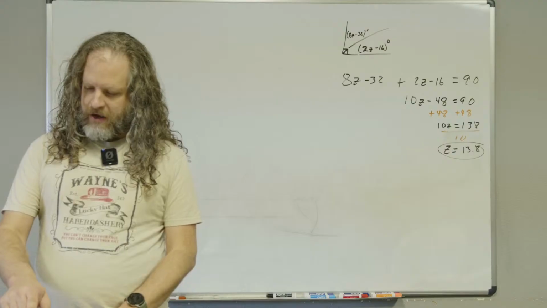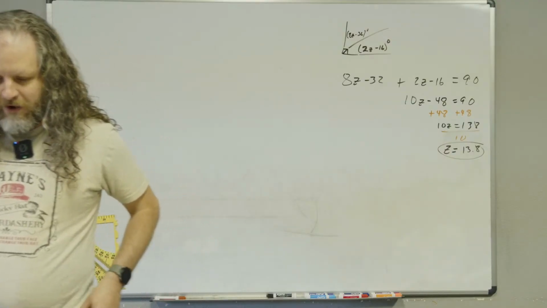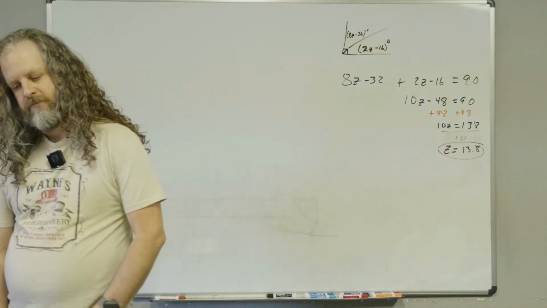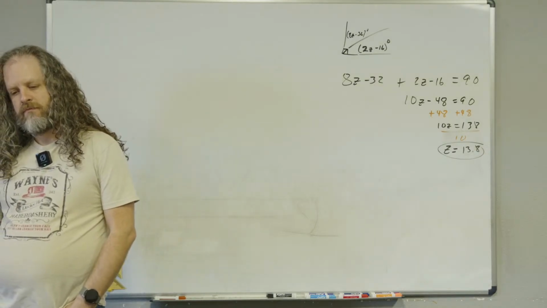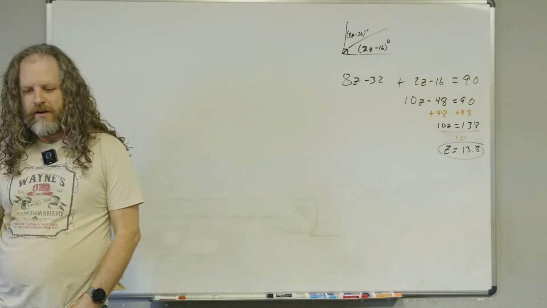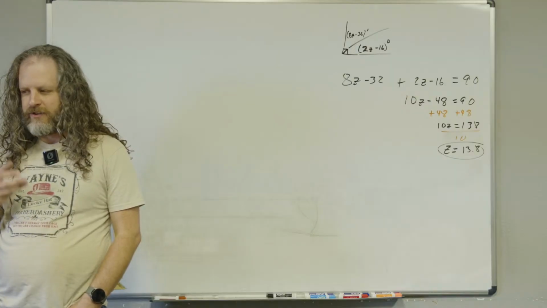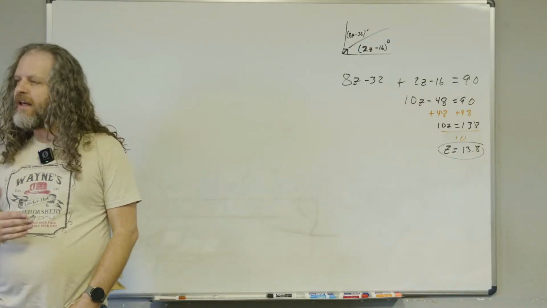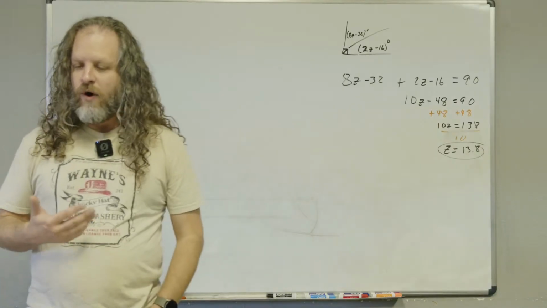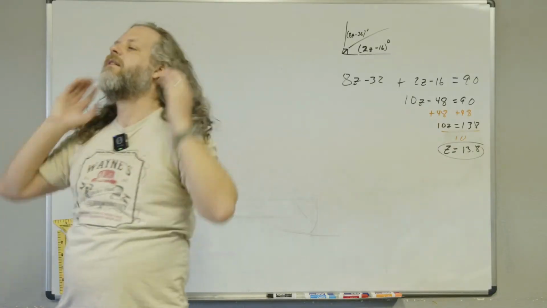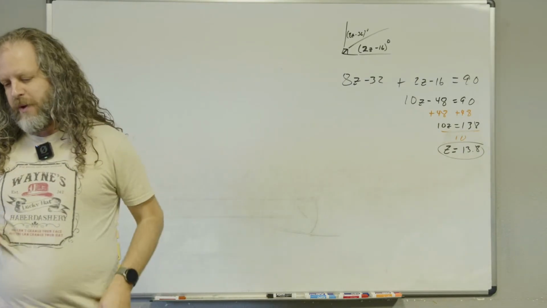So angle 8 and angle 7, what are they? Are they complementary? Are they a linear pair? Are they vertical angles? They are adjacent, but that doesn't tell us anything mathematically, right? What else are they? They're a linear pair. How are a linear pair related?